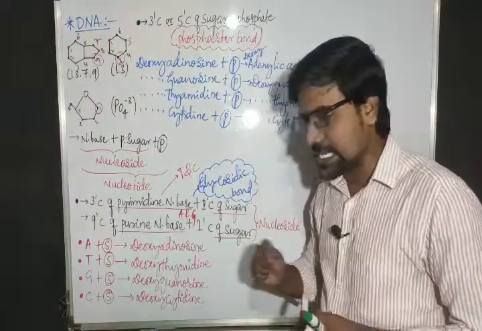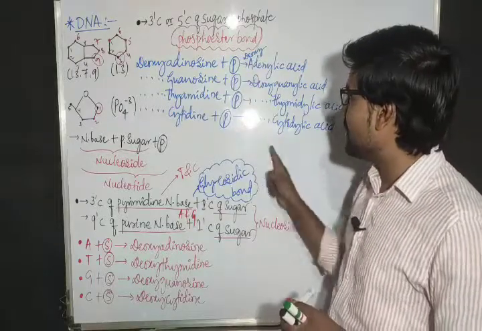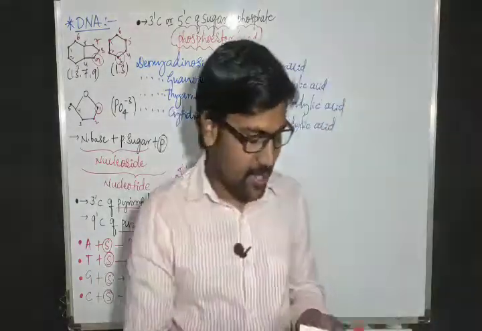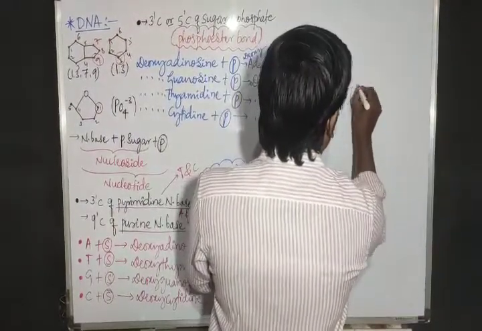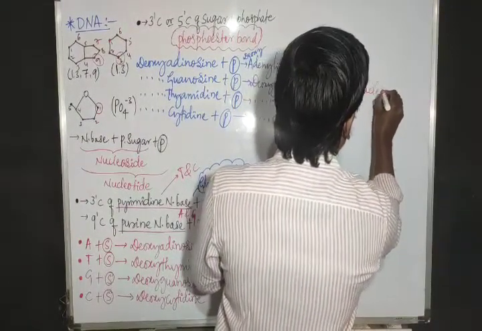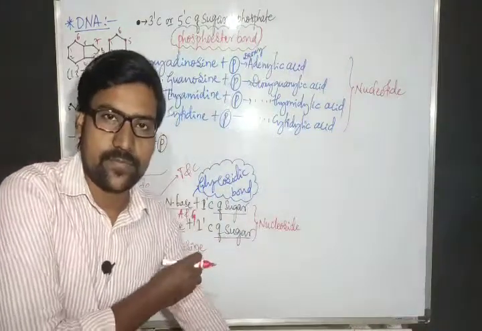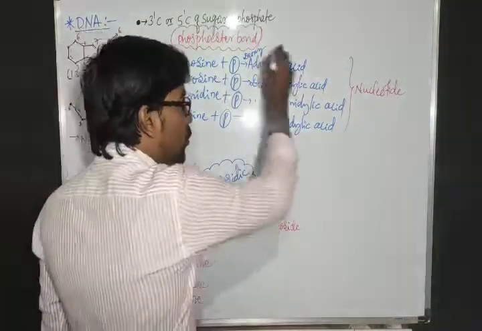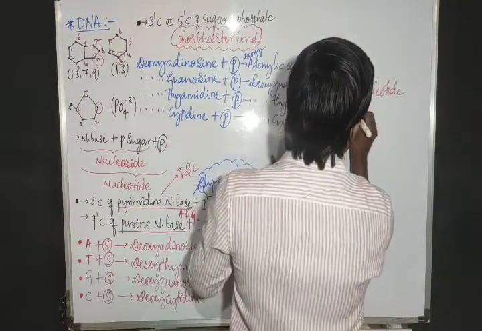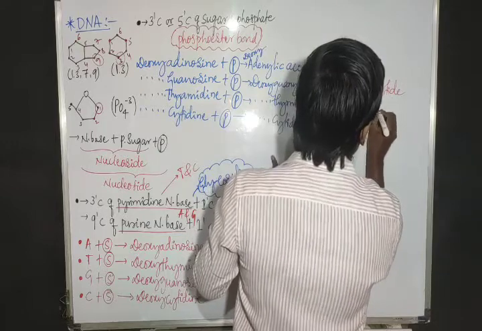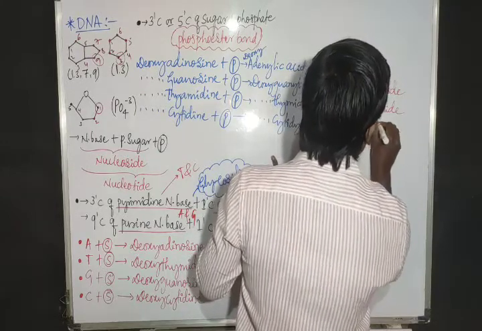These are nucleosides. Nucleosides combined to the phosphate, we will get the nucleotides. Okay, so I'll mention here, all of these are nucleotides. These nucleotides are also called nucleoside monophosphates.